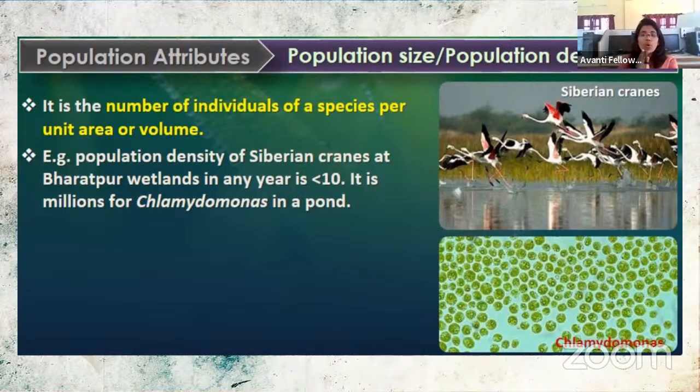The pond has a huge number of algae, but whenever it comes to birds, the number is less. If we are seeing the population size or population density as a number, then Siberian cranes have a lower population density and Chlamydomonas have a higher population density.